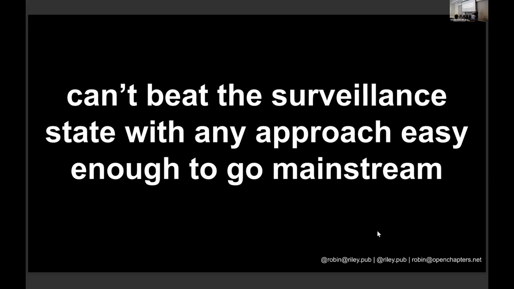I was consulting with a local nonprofit recently, and we're talking about how to secure their communications because they have a rapid response network. They do community defense and mutual aid and all of these things. And we want them to have the most secure setup they possibly can. And yet at the end of the day, we have to know that if we lean too far into security, the volunteers, even the staffers of this nonprofit are just not going to use that technology.